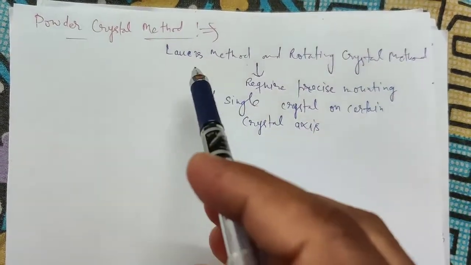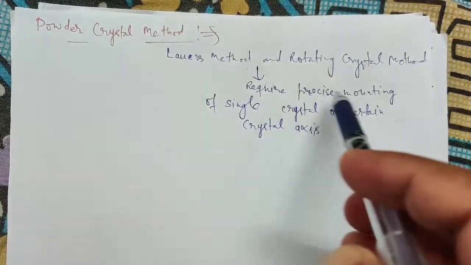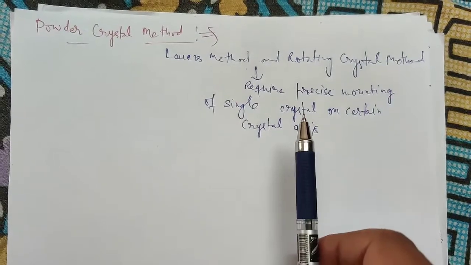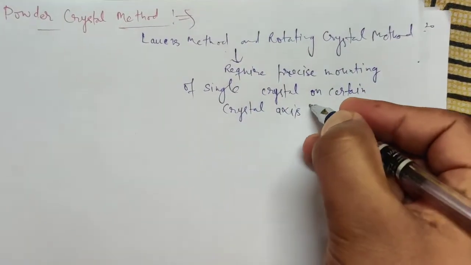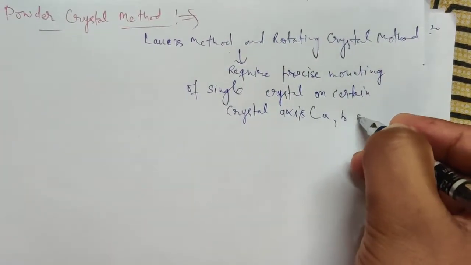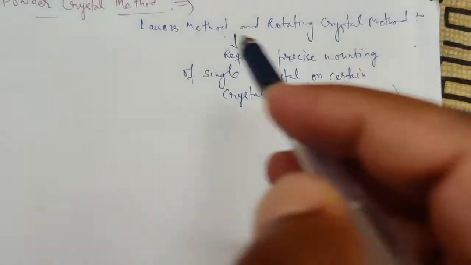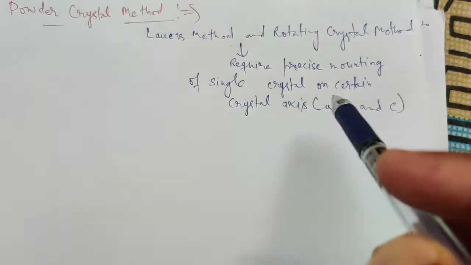But in both these methods we require the precise mounting of a crystal on a certain axis, meaning the a, b, and c axis. So it is a very difficult task, because we are using a single crystal.